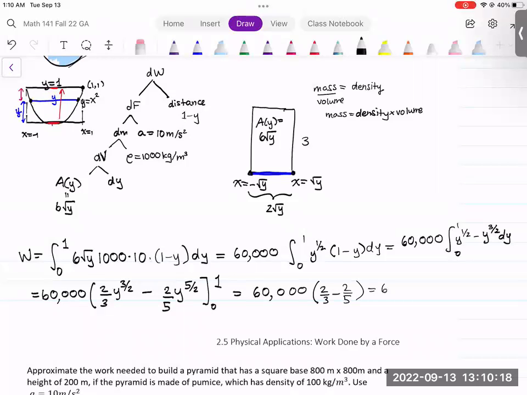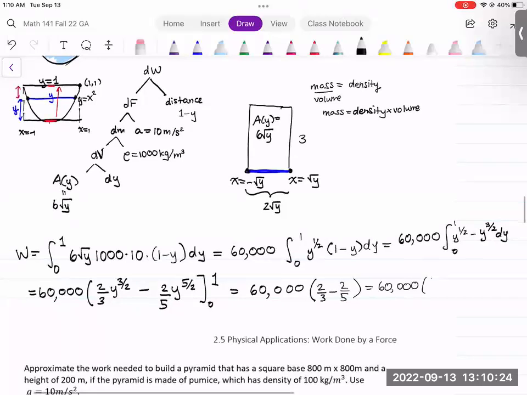Okay. So this is 60,000 times, 2/3 is 10/15, and then 2/5 is 6/15.